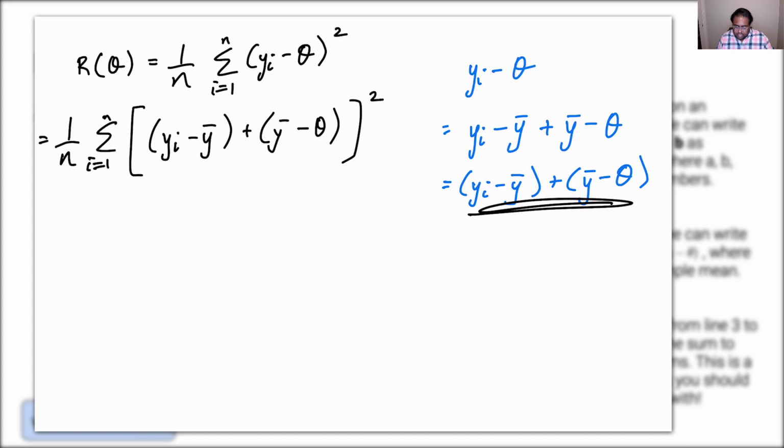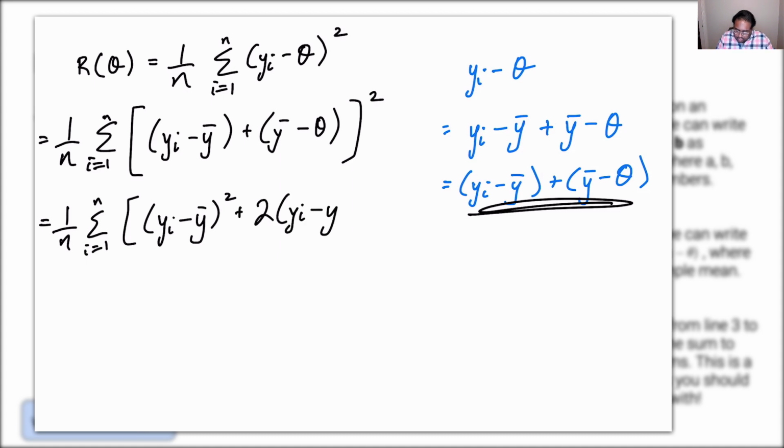Now this is all squared. Now what I can do is expand the square using the properties of the multiplication of binomials. And so with that, I get yi minus y bar squared plus 2 times yi minus y bar times y bar minus theta.